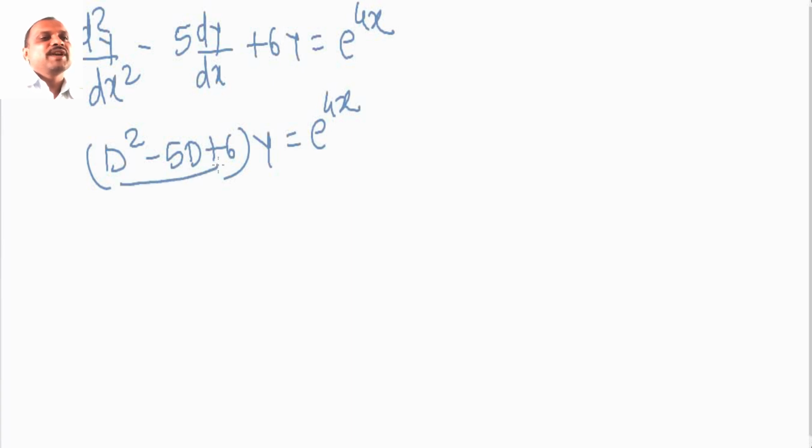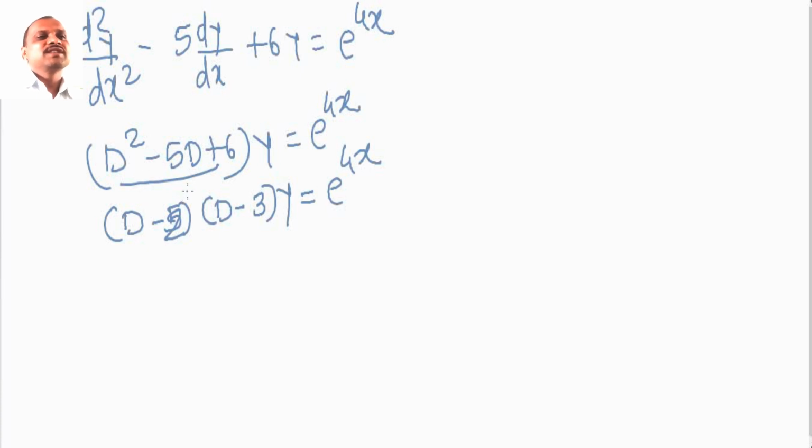Friends, we can easily write it in factors: (D minus 2)(D minus 3) operating on y equals e raised to 4x. Easily you can see that these are the two roots of this differential equation, and here we can write D minus 2 and D minus 3.